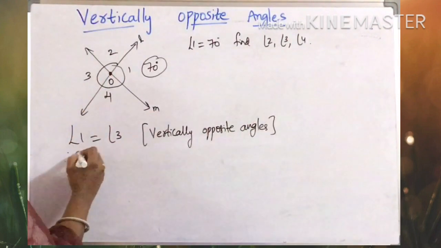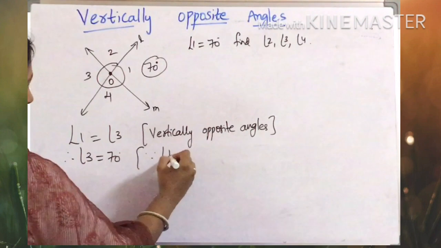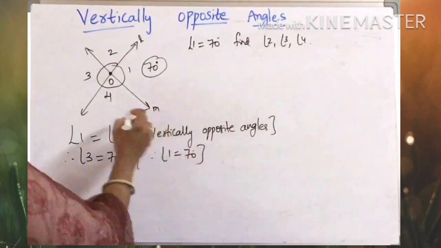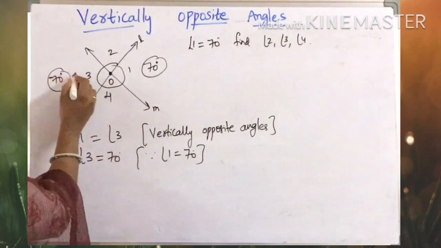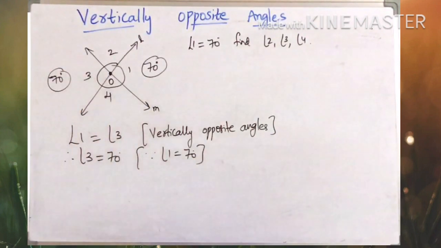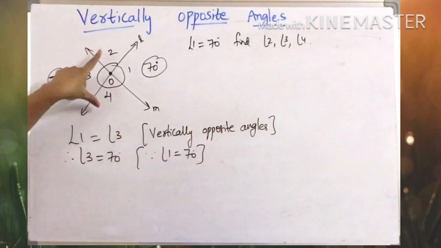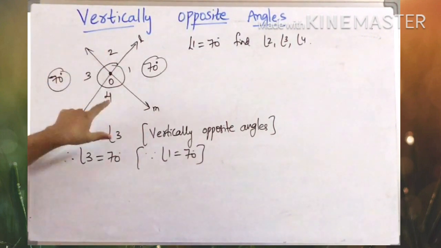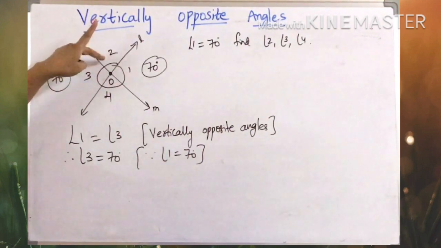So angle 3 is also 70, since angle 1 is 70. Here 1 is 70, 3 is 70. Now, how to find 2? If you find 2, you will get 4 because they form vertically opposite angles. If you find 4, you can easily write 2, because whatever the value of 2, it is the same for 4 also.